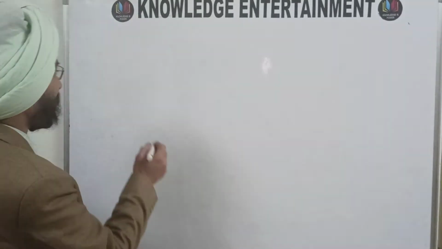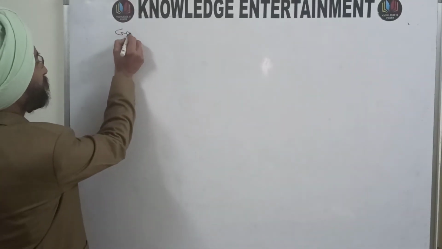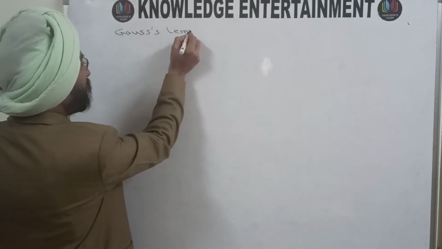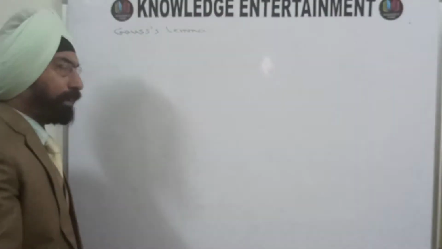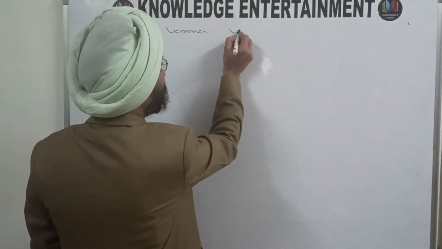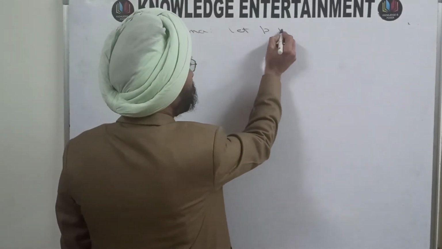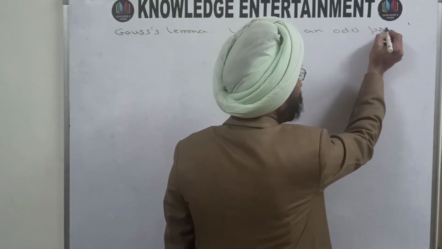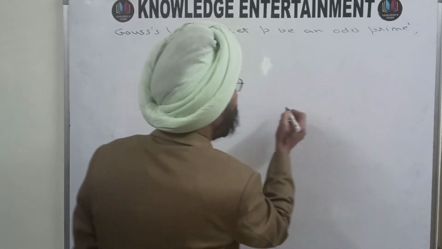And now we are going on to prove another important theorem, that is Gauss lemma. So what the statement of the Gauss lemma is, let us see first. Let P be an odd prime.